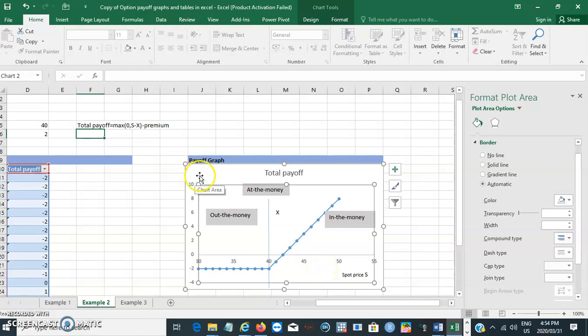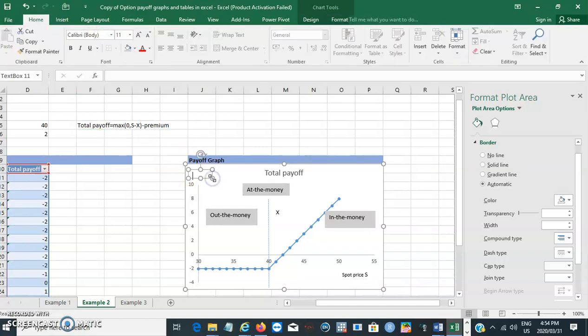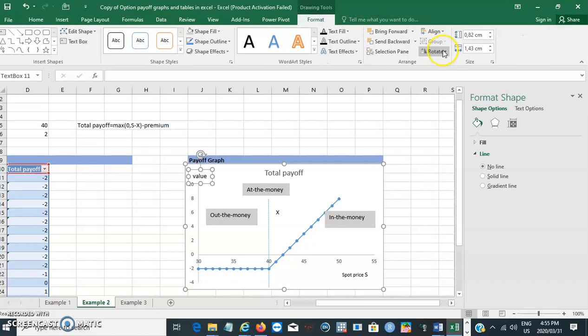Then your y-axis is the value or the payoff. Also format and rotate.